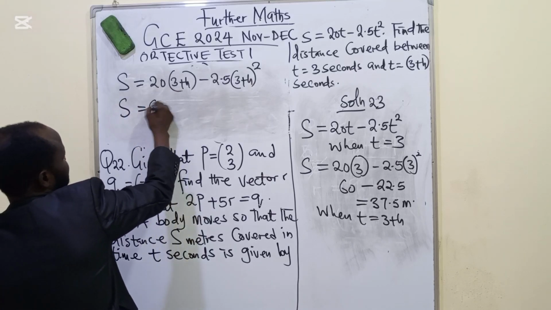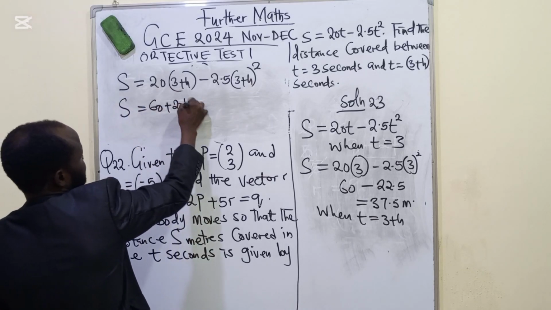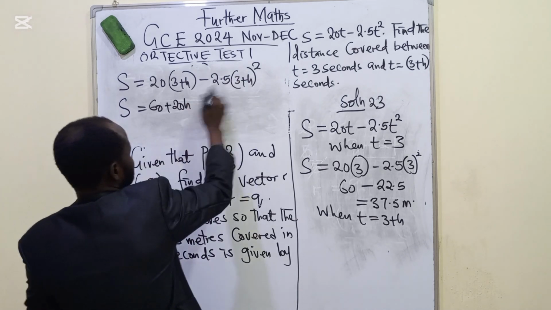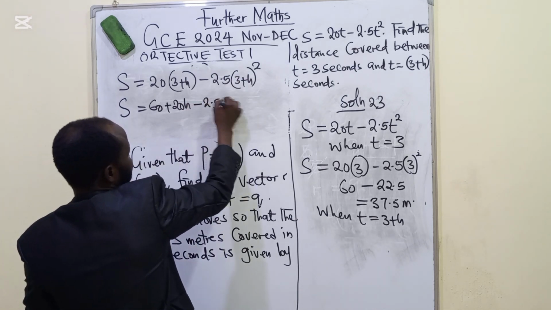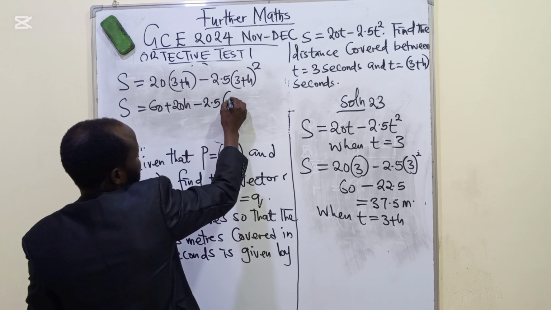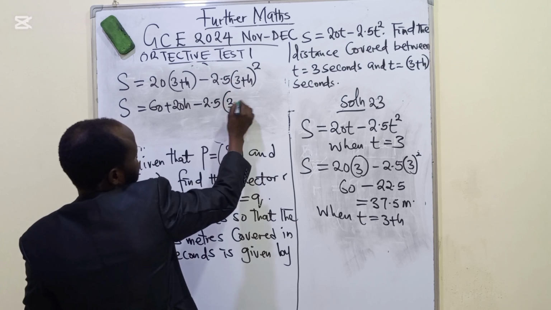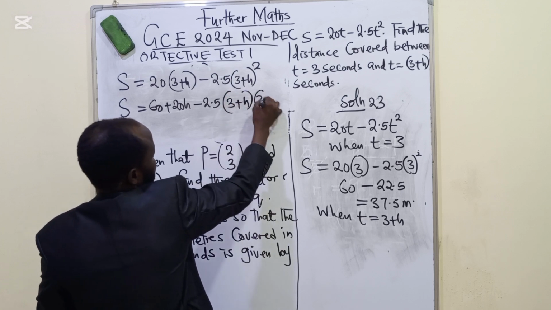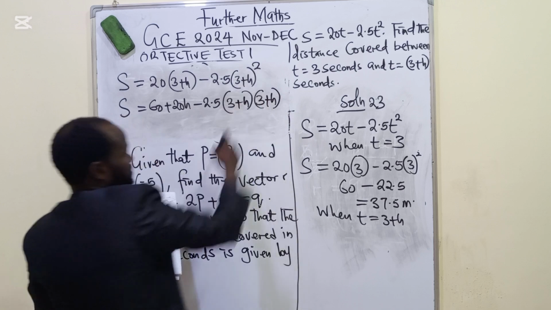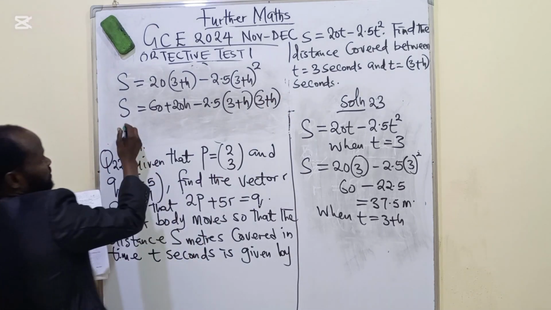Let's multiply this, 60 plus 20h. Let's expand this minus 2.5. That will be 3 plus h, then 3 plus h. This square means 3 plus h, 3 plus h.